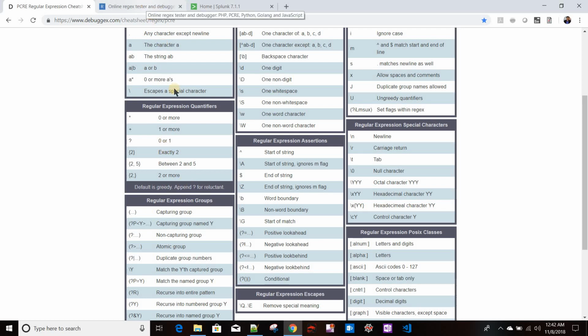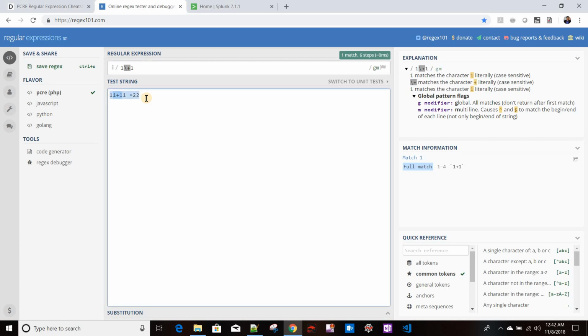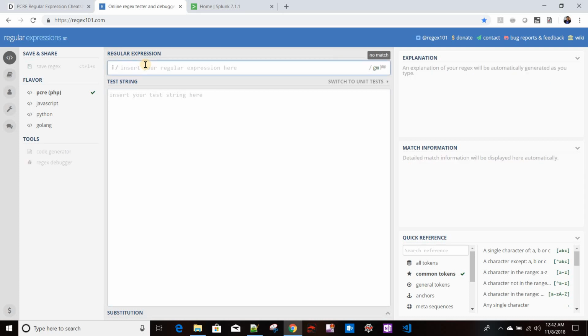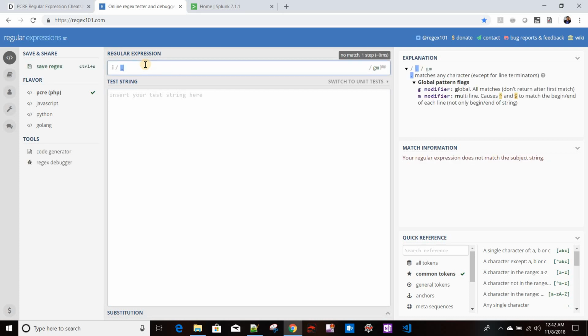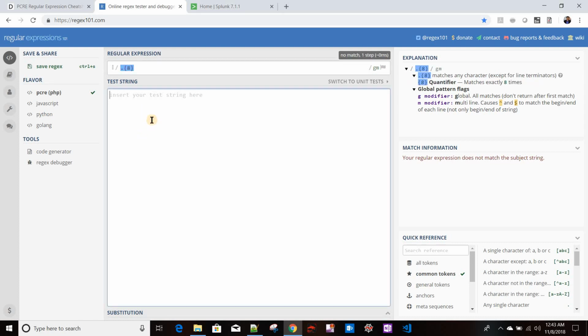So let's say I want to verify whether my password is 8 characters in length or not. If I give a regular expression something like this, dot, meaning any character, and I will not apply any other rule except this one, and I give the quantifier 8, that means it will match any character 8 times.